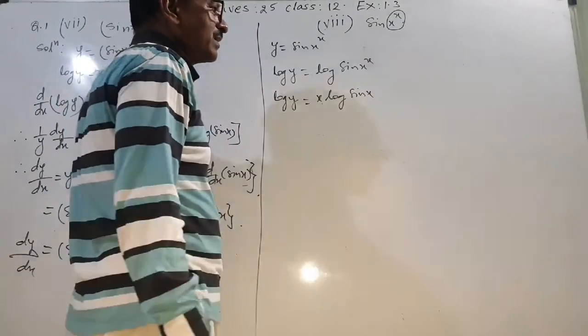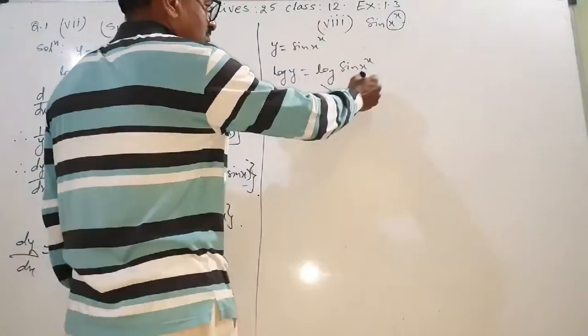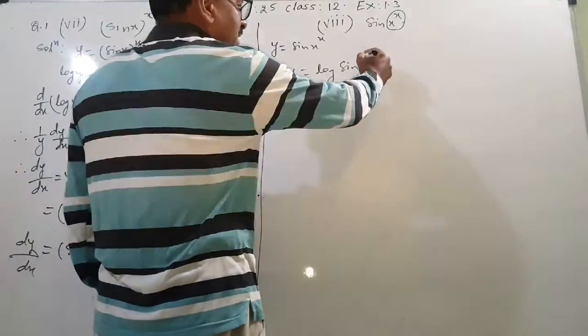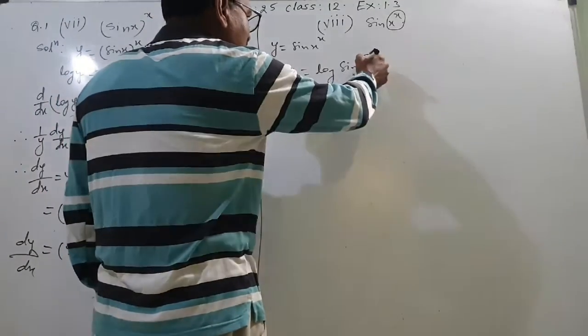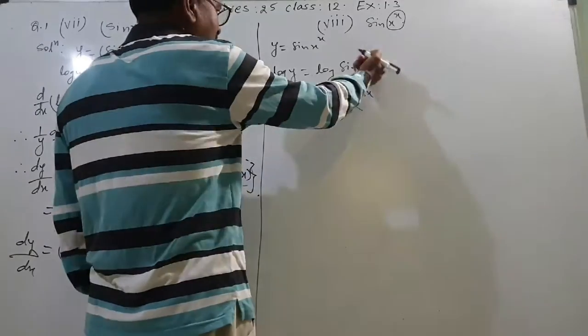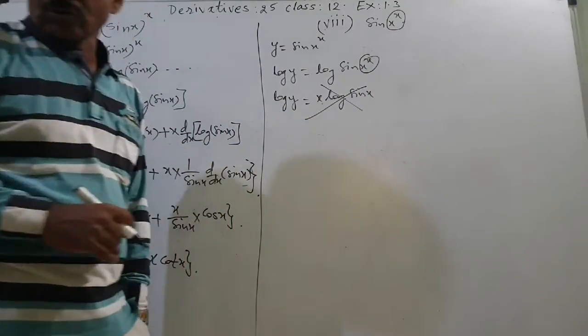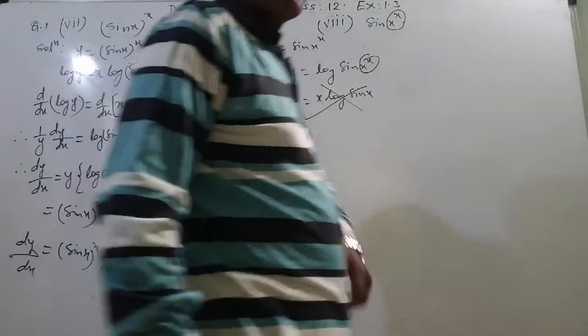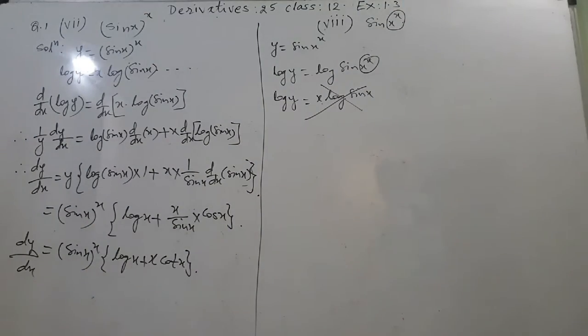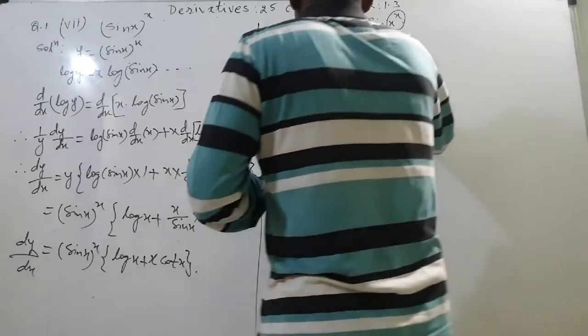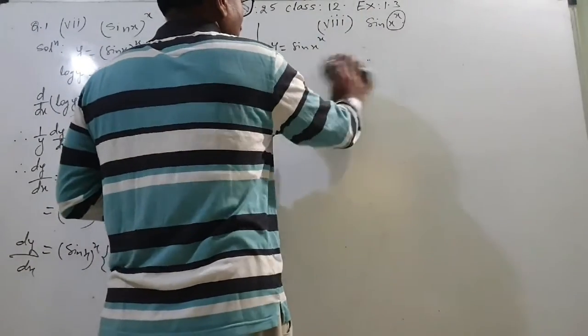If you do like this, then it is wrong. This is not sine x raised to x. This much is the angle. That won't come here. So these two questions are different, and that is why I am going to take these two questions.